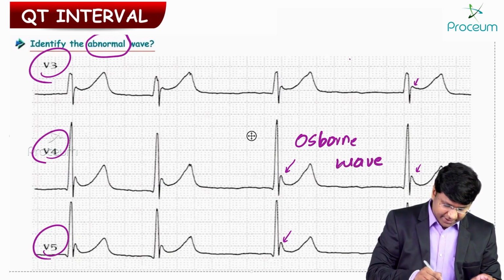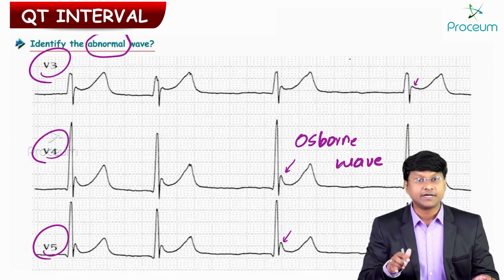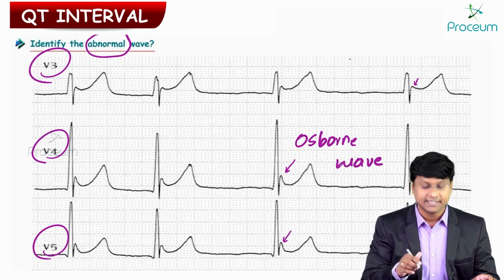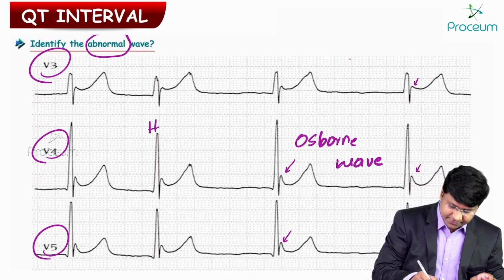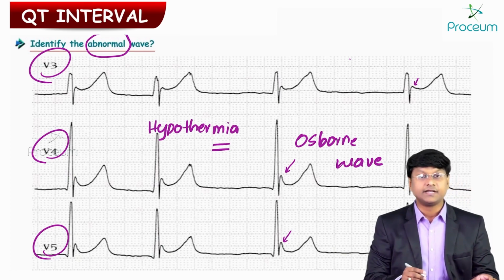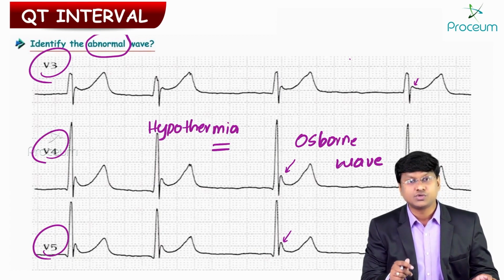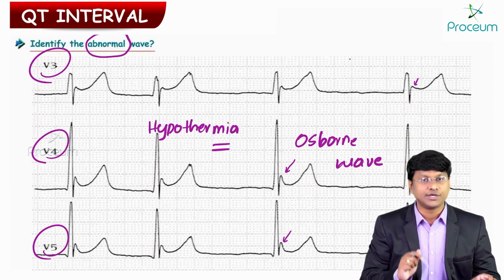Now, where do you come across this Osborn wave? You will come across this Osborn wave in clinical scenarios like hypothermia. So in patients with hypothermia also there will be a long QT interval.